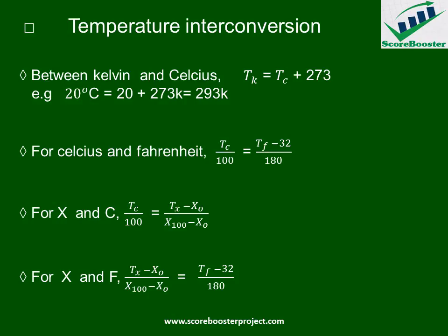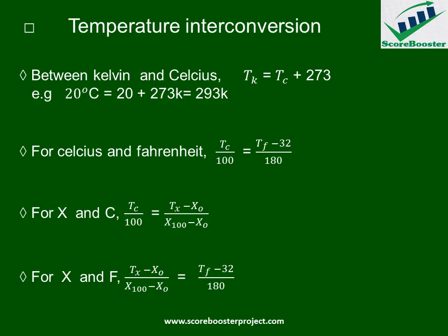We have the general formula for conversion: the temperature in Kelvin will be equal to the temperature in degrees Celsius plus 273 Kelvin. That is how to convert temperature in degrees Celsius to Kelvin. For example, considering 20 degrees Celsius, in Kelvin it will be 20 plus 273 Kelvin, and that will give us 293 Kelvin.